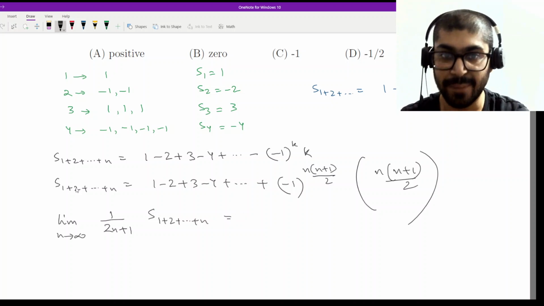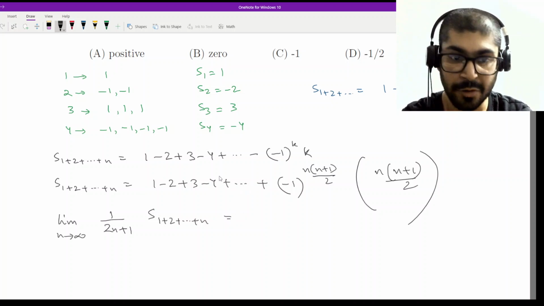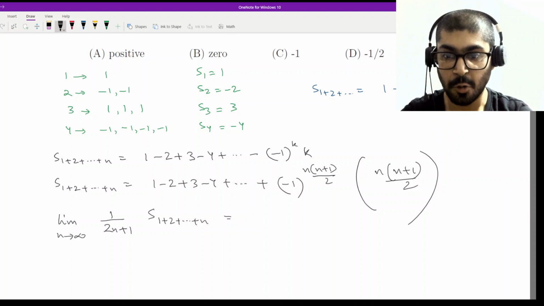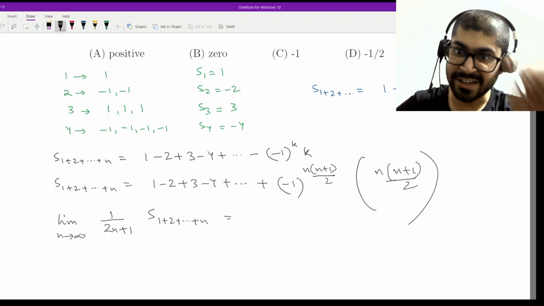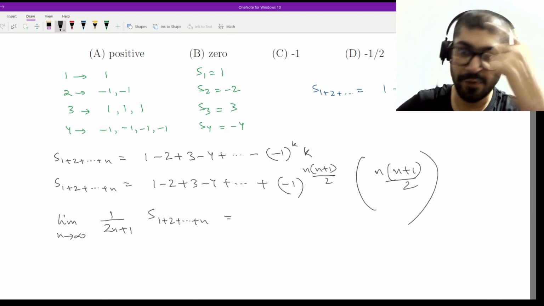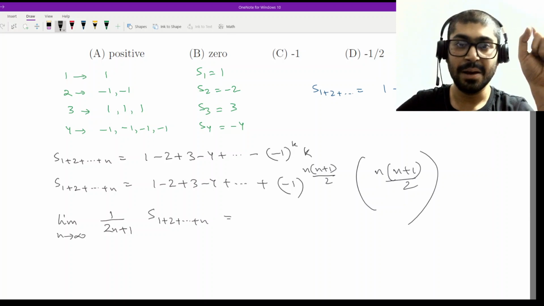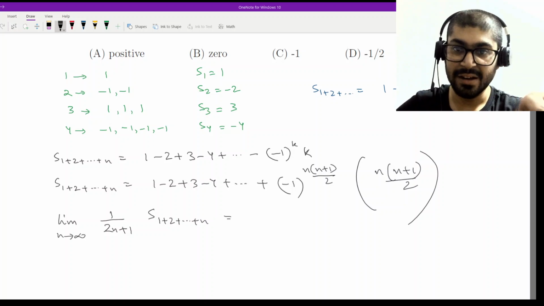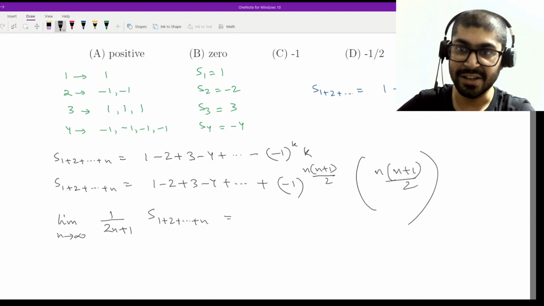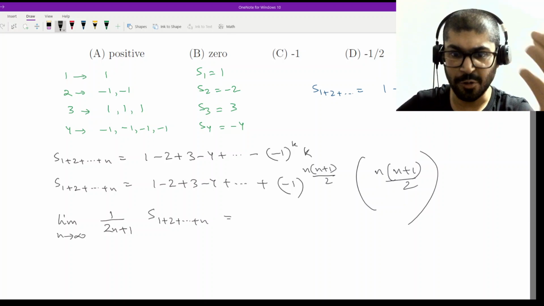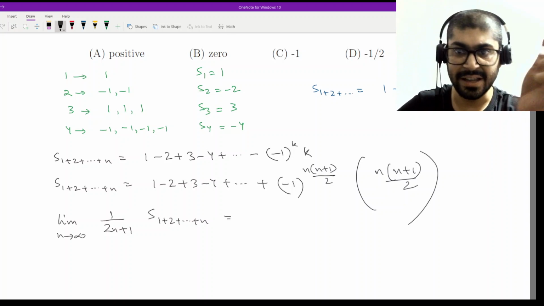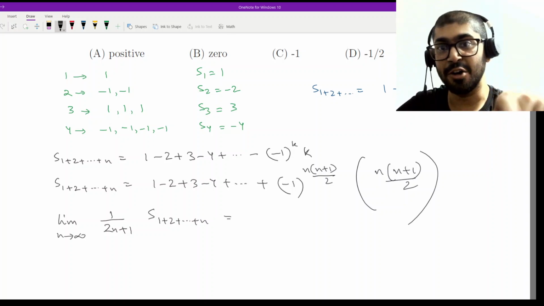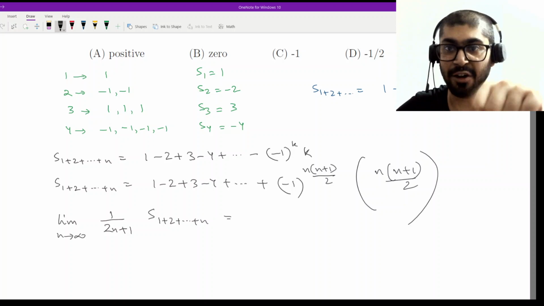Now when we have multiplied this with 1 by 2n plus 1, the 2n plus 1 at the denominator is a linear term. So as n goes to infinity, that will increase uniformly. But as I showed you with the first few terms, S1, S2 and S3, they keep oscillating between numbers depending on whether I end at even n or odd n.